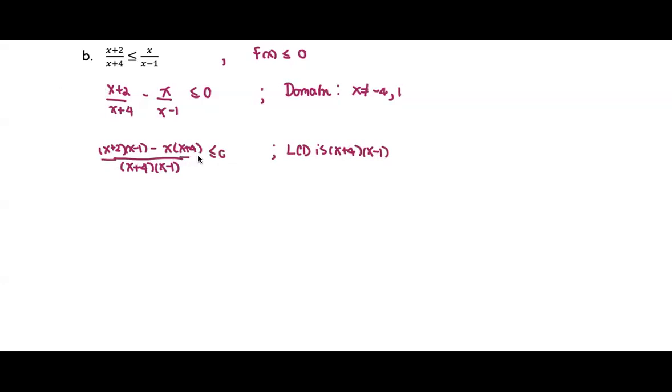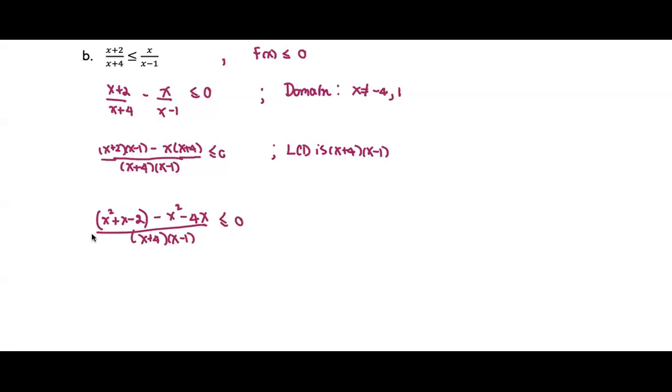And then we're going to simplify the numerator by expanding the product. x times x is x squared, the inner and outer become positive x, and then minus 2. So we have expanded it, or FOILed it out. And for the next one, the same way, we have x times x, which is x squared, x times 4, and the minus sign makes it minus 4x, all divided by x plus 4 times x minus 1, less than or equal to 0.